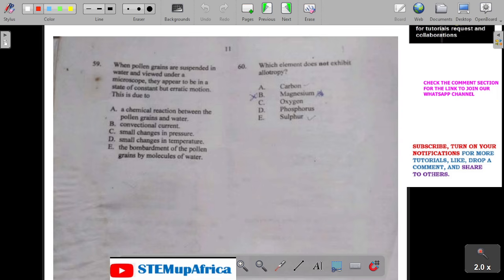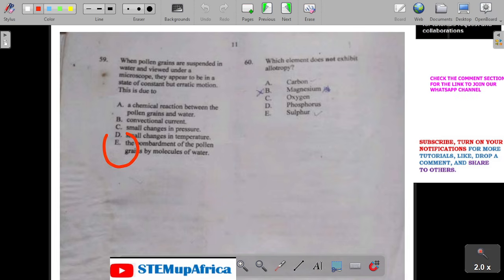So this is due to a chemical reaction between pollen grains and water, convection currents, small changes in pressure, small changes in temperature, or the bombardment of the pollen grains by water molecules. The answer is E.